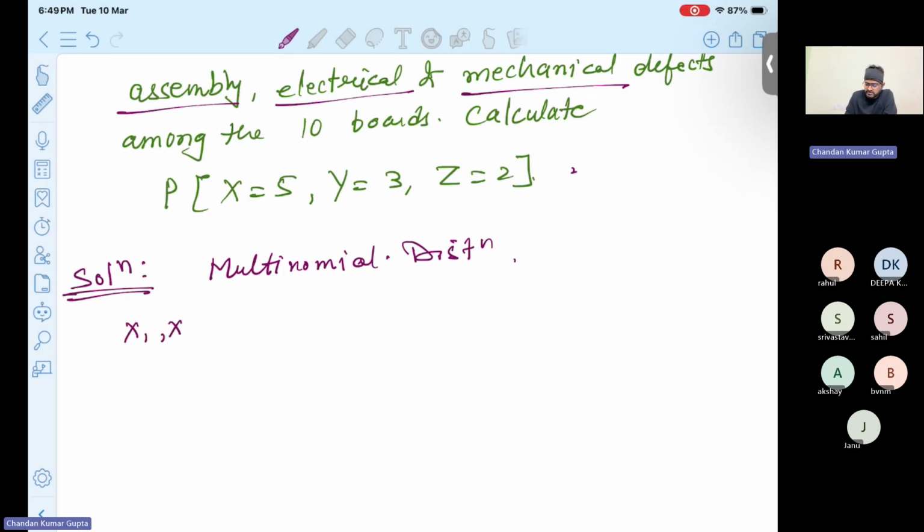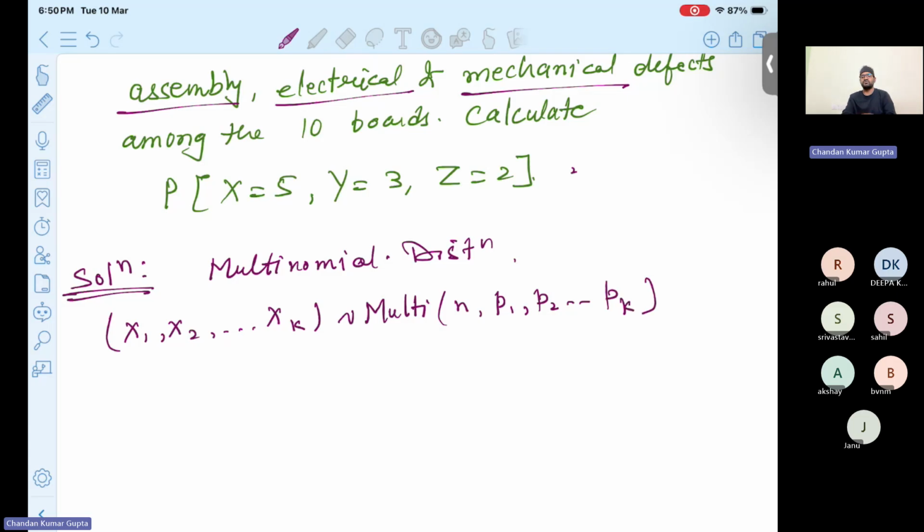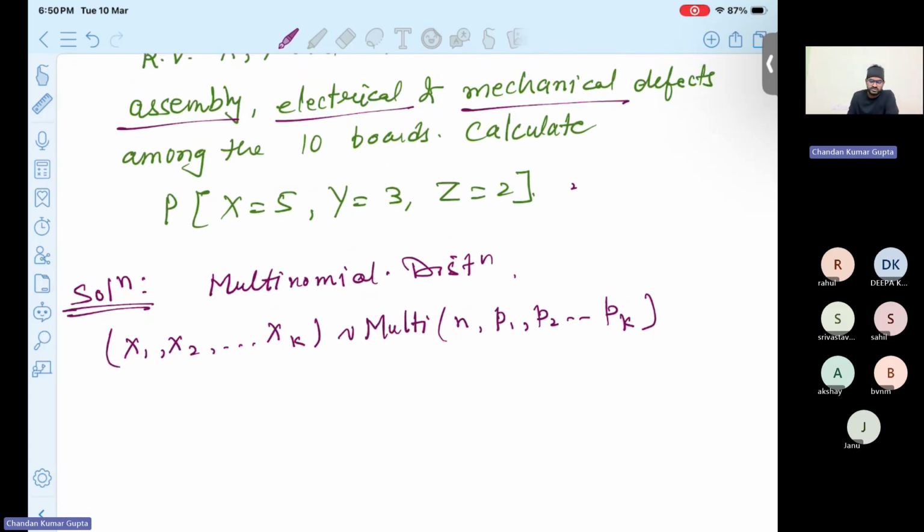Suppose x1, x2, up to xk follows multinomial distribution with parameters n, p1, p2, up to pk. Suppose we have k random variables, so k plus one parameters are there. We have three here now. So let me first write the probability that X1 equal to x1, X2 equal to x2, up to Xk equal to xk.